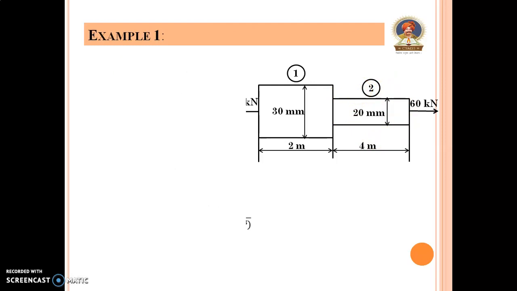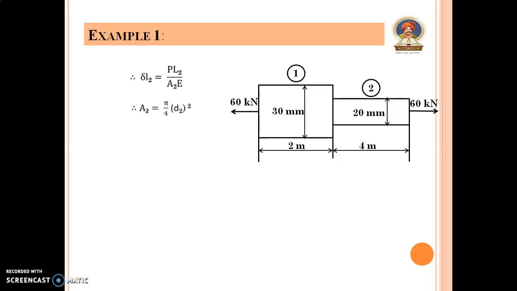Now repeat this procedure for the remaining 20 mm diameter bar. So once again we have drawn the diagram here. Now consider delta L2, which is equal to P L2 upon A2 E. L2 stands for 4 meter and A2 stands for the 20 mm diameter bar. So first we calculate the area. A2 is equal to pi by 4 D2 square.